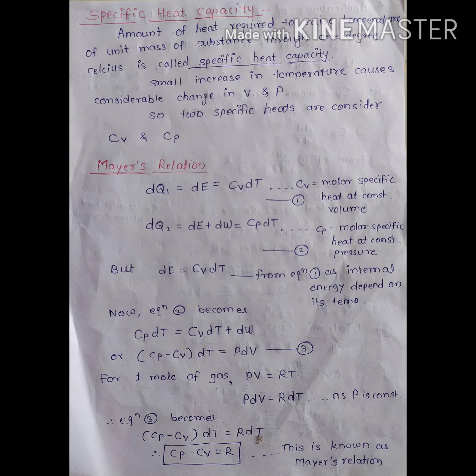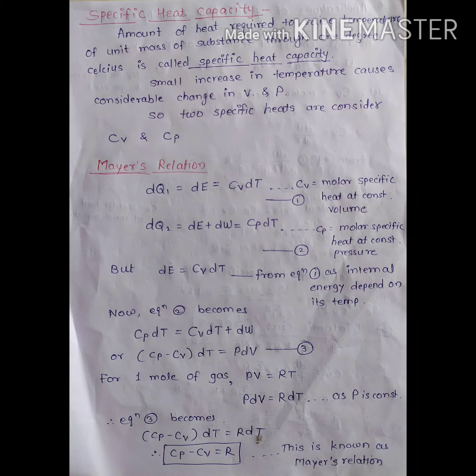If the gas is heated so that its temperature rises by dT but the volume remains constant, then the amount of heat supplied to the gas, dQ1, is used to increase the internal energy of the gas, that is dE.